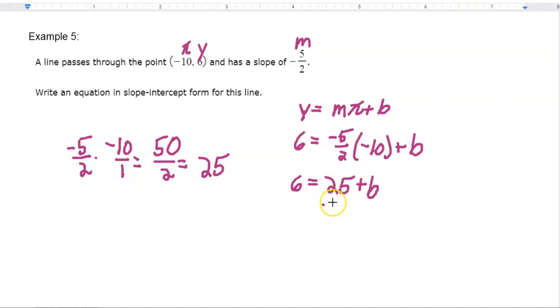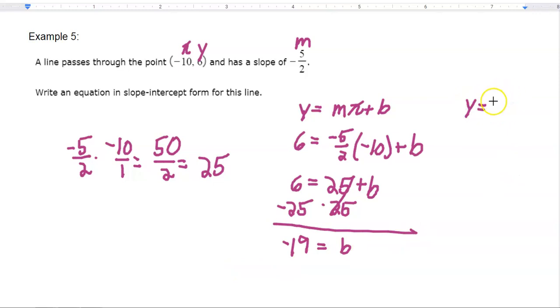Subtract 25 from both sides. And that's going to give you a b value, a y-intercept, of negative 19. 6 minus 25, negative 19. There we go. So our final equation, y equals negative 5 halves x minus 19.